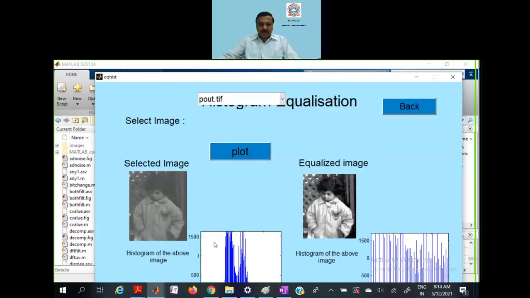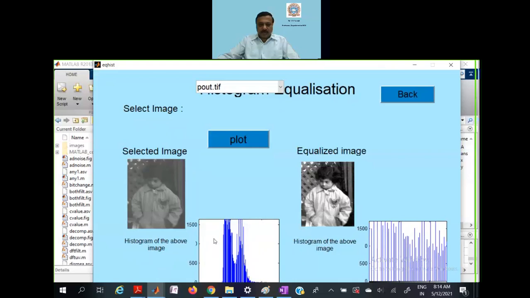Are you able to see this plot? Yes, sir. Yeah, so this is actually called the histogram plot. What is plotted here is, on the x-axis you will have the gray level values, and if this is an 8-bit image, all of you know that there will be 256 gray levels. So 0 here and 255 here, and what is shown here is the number of times each gray level is repeating.